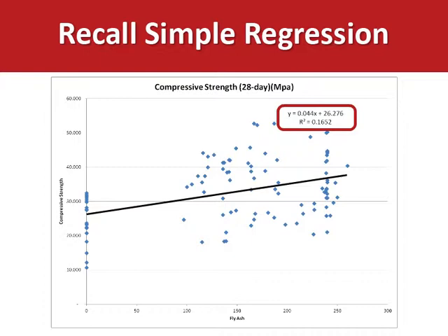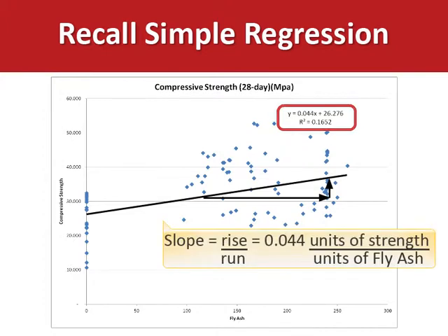Now, the problem with this is this slope, this rise over run, is just a point estimate. In this case, it says, for every unit increase in fly ash, we should expect a 0.044 increase in compressive strength. But what it doesn't tell us is how certain we should be about this relationship.